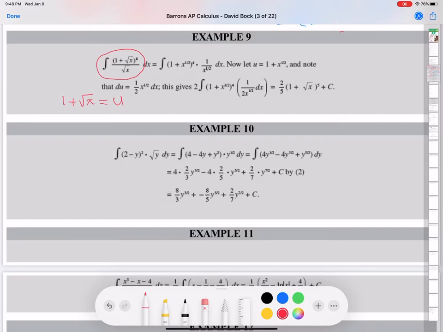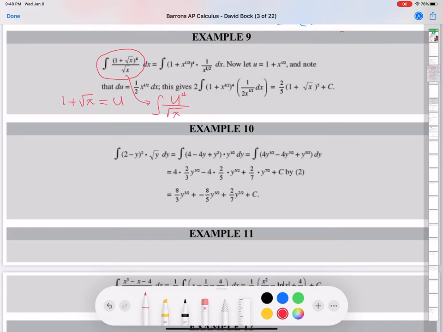Then I'll change this x equation to a u equation. So the integral, because 1 plus root x is u, has numerator u to the fourth power, and the denominator is still square root x dx, but we have to change dx to du.